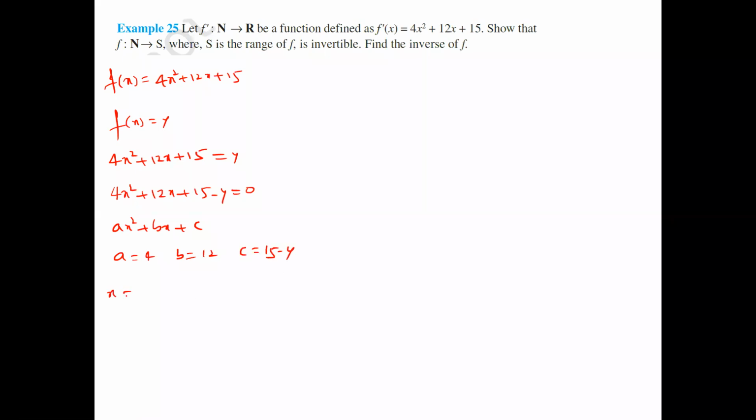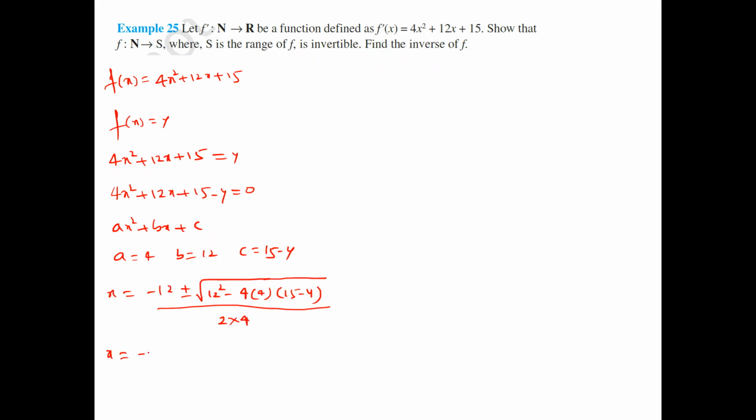What is the formula? x equal to minus b, minus 12, plus or minus root of b square, 12 square, minus 4 into a value 4 and c value 15 minus y, divided by 2a, 2 into a value 4.